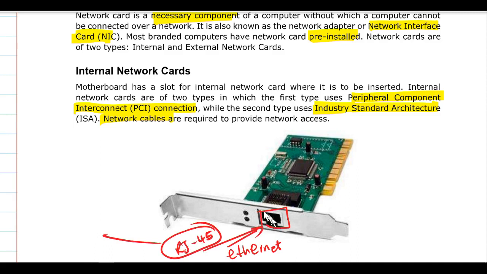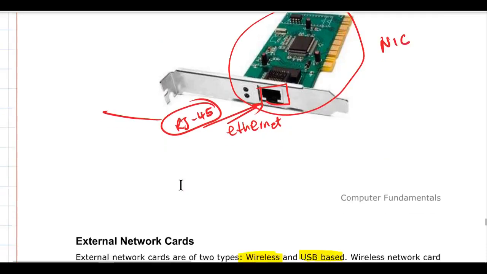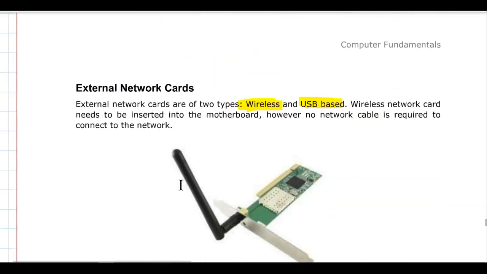This port is connected to a device that is called a network interface card. It looks like this one, and this is the internal one, and it connects to the motherboard of the computer and therefore allows the connection to happen between the computer and the network. And now there is another type of network card that is called external.